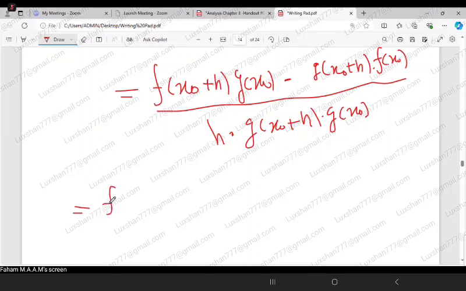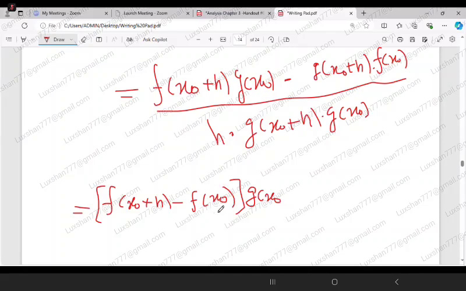So I can write this as f of x naught plus h minus f of x naught into g of x naught. So I have added this term, f of x naught into g of x naught, minus again g of x naught plus h minus g of x naught into f of x naught.